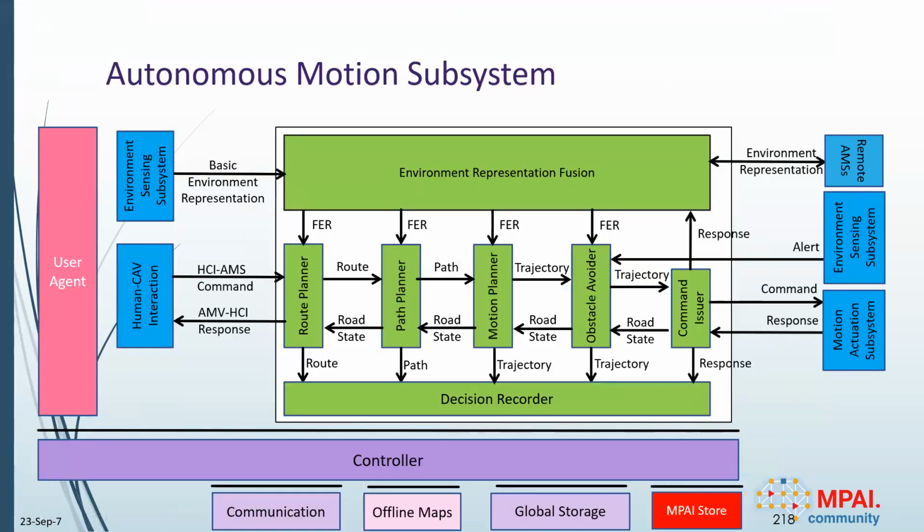Then we have the autonomous motion subsystem, which is another important point. So it receives what we call the basic environment representation, and this is something that is indeed audio and visual. It exchanges the environment representation with other connected autonomous vehicles, and creates what we call a full environment representation that, of course, we need to give a format.